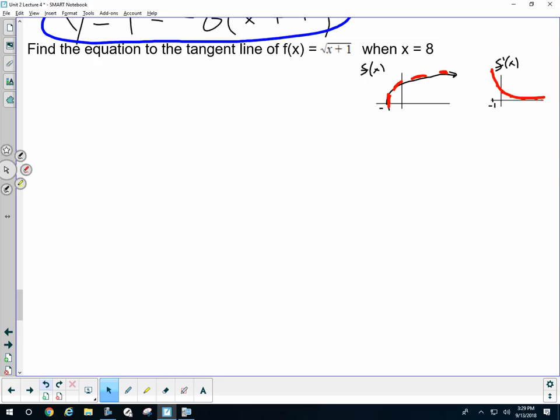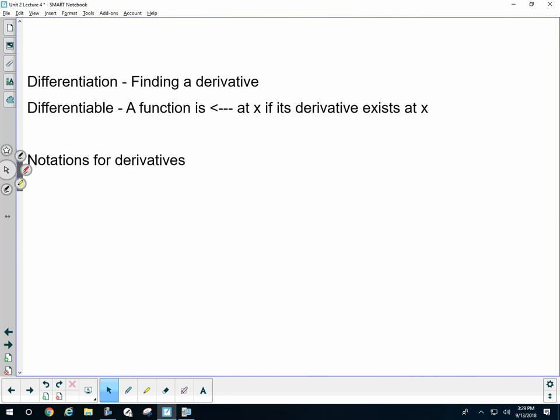But now let's find the actual equation for this graph, because we can use this equation to tell us the exact tangent slope values of root x plus 1 anywhere. Here are some key things to remember, because we're writing an equation. So go back to key things to remember.